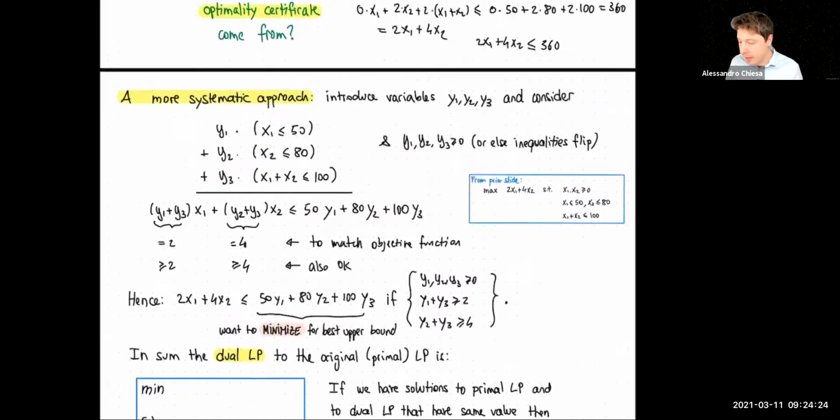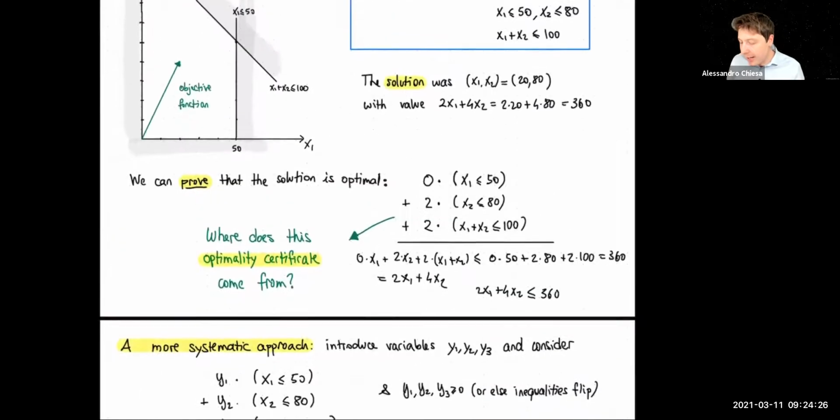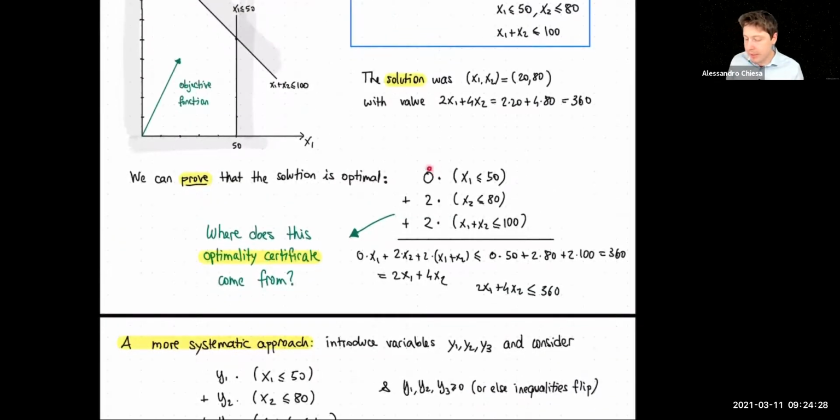Because up here, if I had chosen, I don't know, 1,000,000, 1,000, and 1,000,000, I would get an enormous upper bound that I'm not interested in. Who cares about learning that 2x1 plus 4x2 is at most, I don't know, 10 million? I don't care. I was interested in making it the best upper bound that I can, because that is going to match, ideally, the maximum. Well, we don't know yet what it's going to match, but that's the best I can hope for, right?